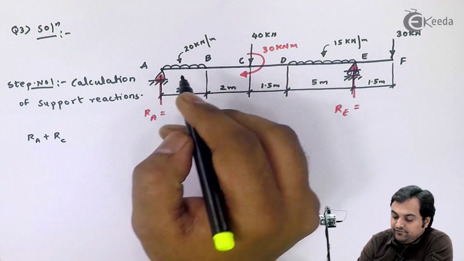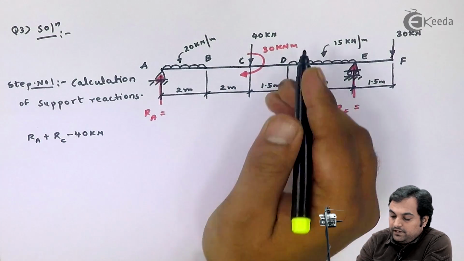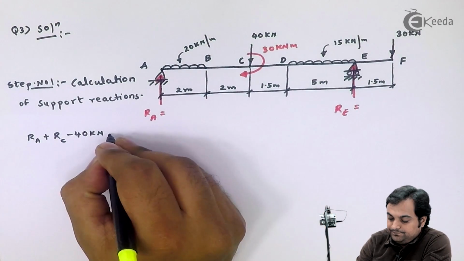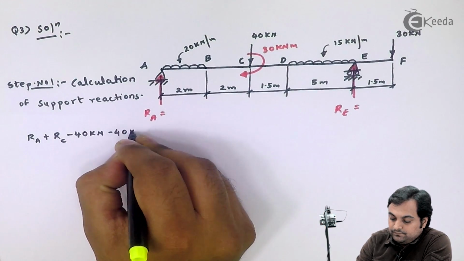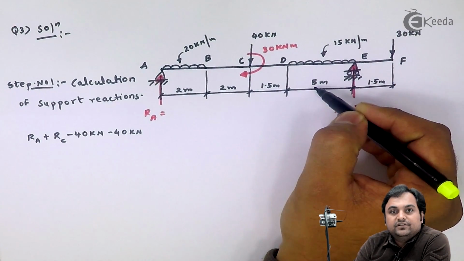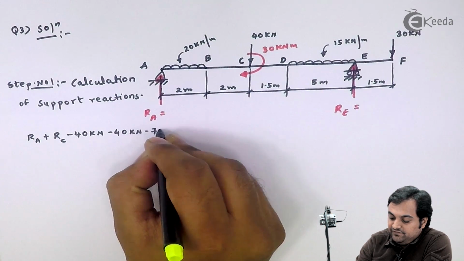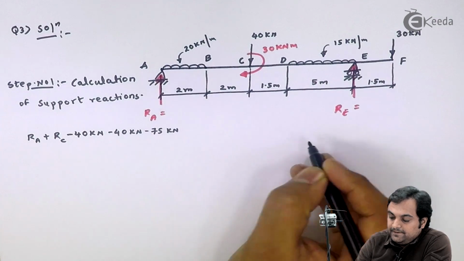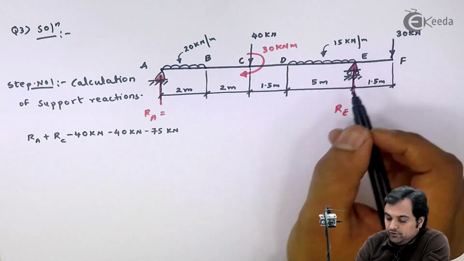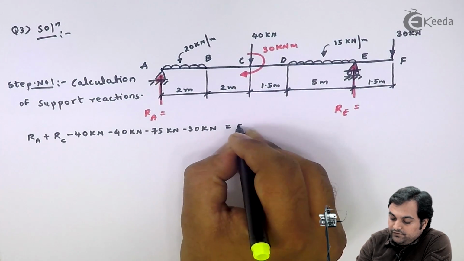So here I have minus 40 kilonewton. Again here I have minus 40. Next 15 into 5, that is 75 in the downward direction, so minus 75 kilonewton, and here I have 30 kilonewton is equal to 0.